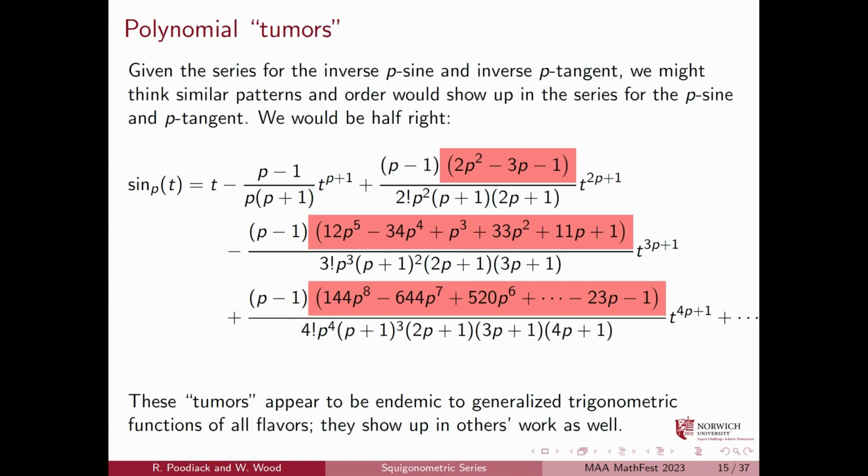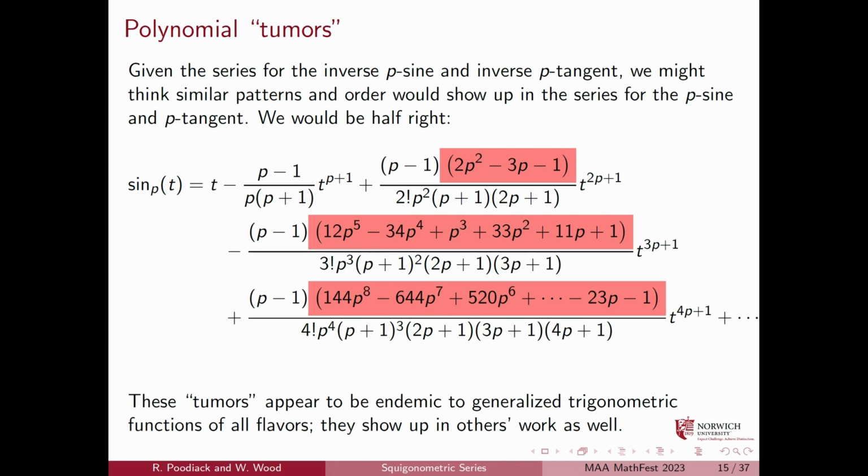So if we look here, there's some order as we go from term to term, right? We have a p minus 1, we have a factorial, we have powers of p plus 1 and p, and we have a pattern going. But then what happens is we get these polynomial tumors.